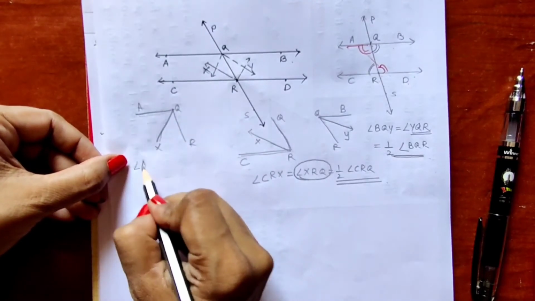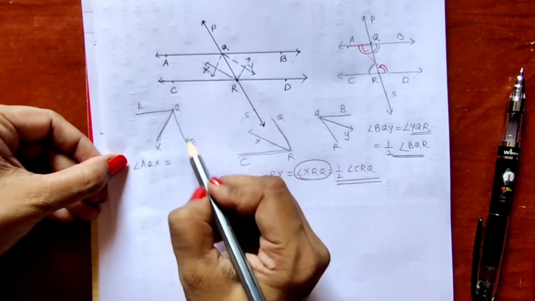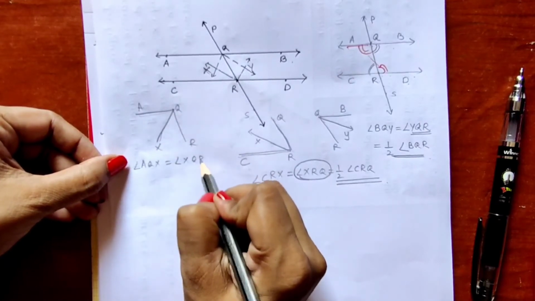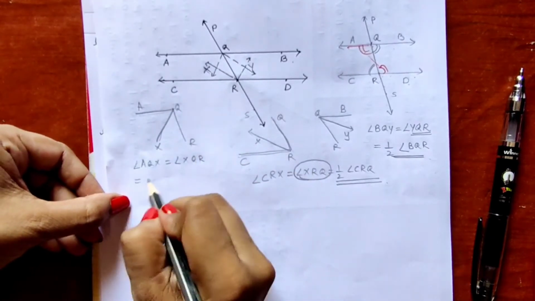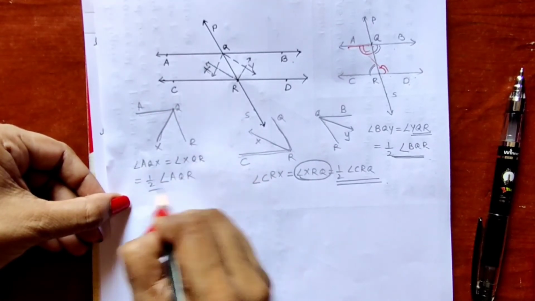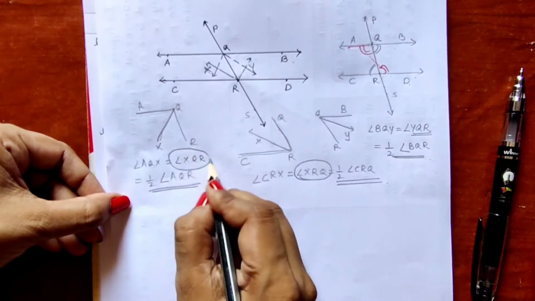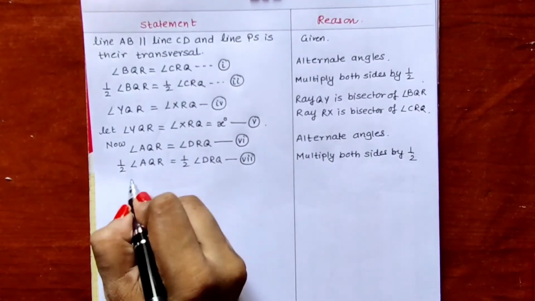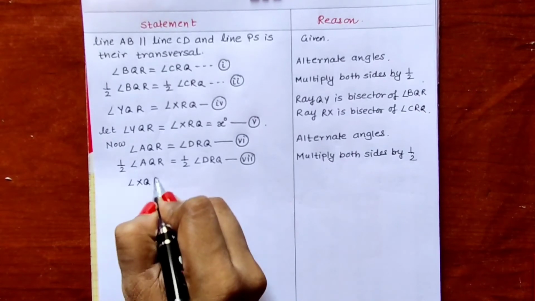Angle AQX is equal to angle RQX, or XQR, and both these angles will be half of this angle AQR. So in place of half angle AQR, what I can write now? Angle XQR. Half angle AQR, I can write angle XQR.